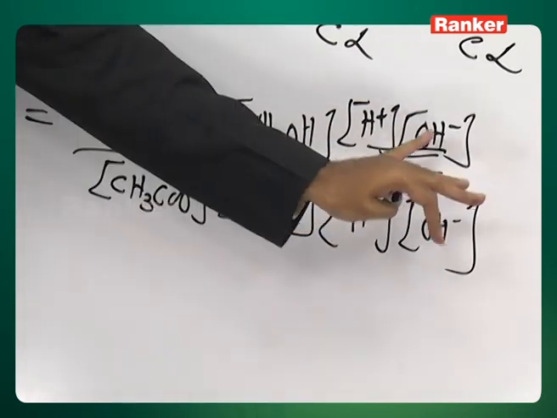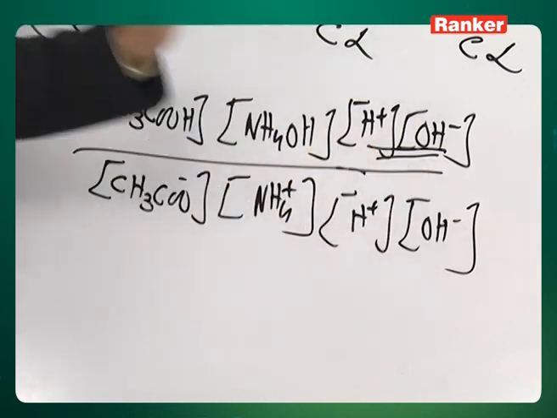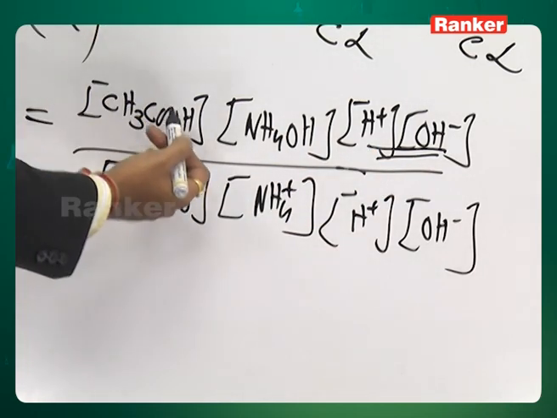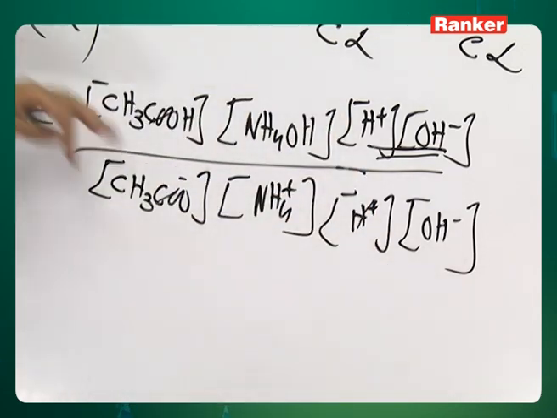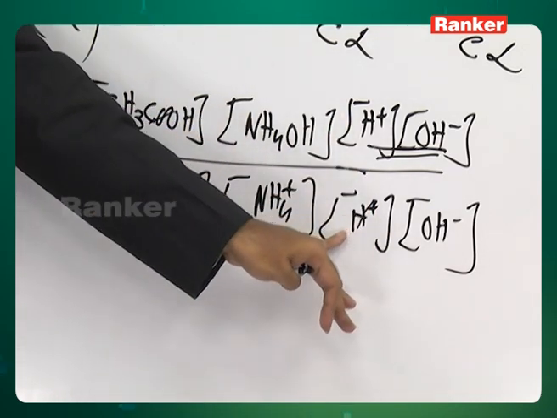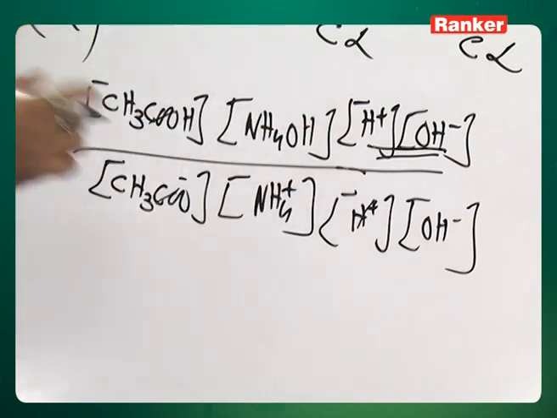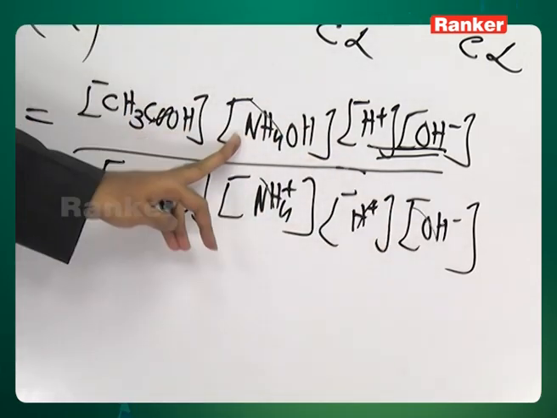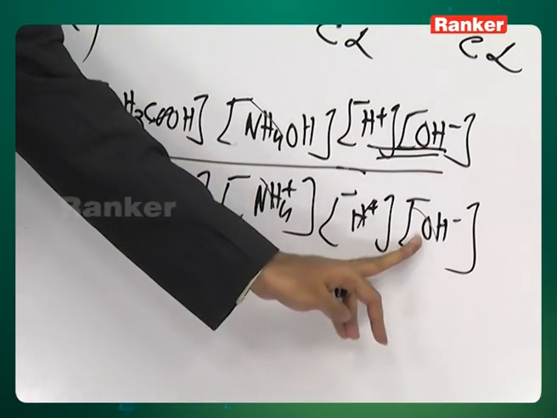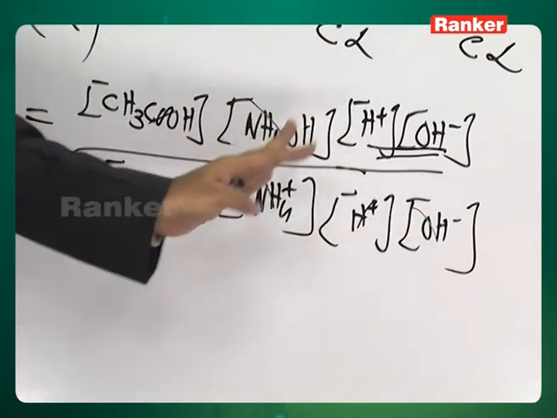Concentration of H plus into OH minus is nothing but Kw. Concentration of acetic acid, acetate ion, and H plus, if we take this part, this becomes 1 by Ka. And if you take this part, ammonium hydroxide, ammonium ion, and hydroxyl ion, this becomes 1 by Kb.